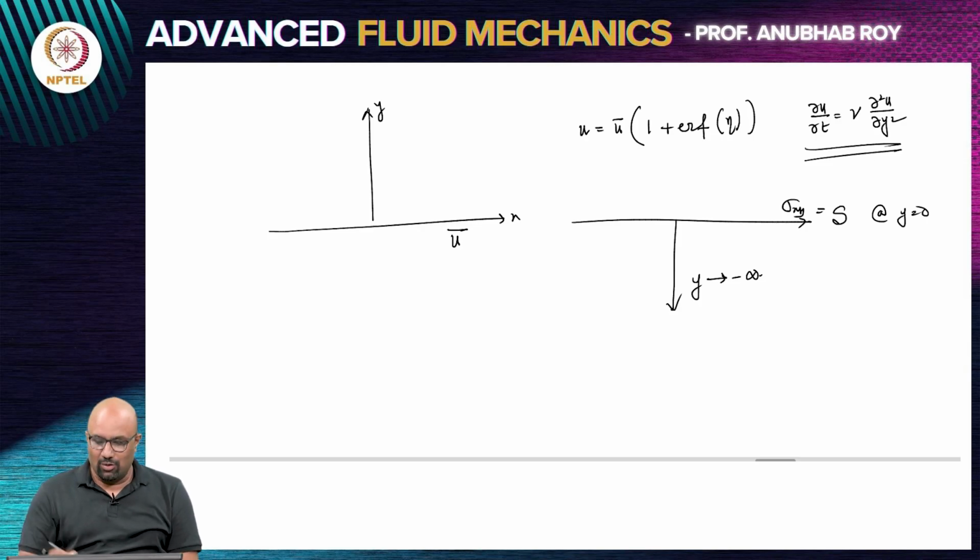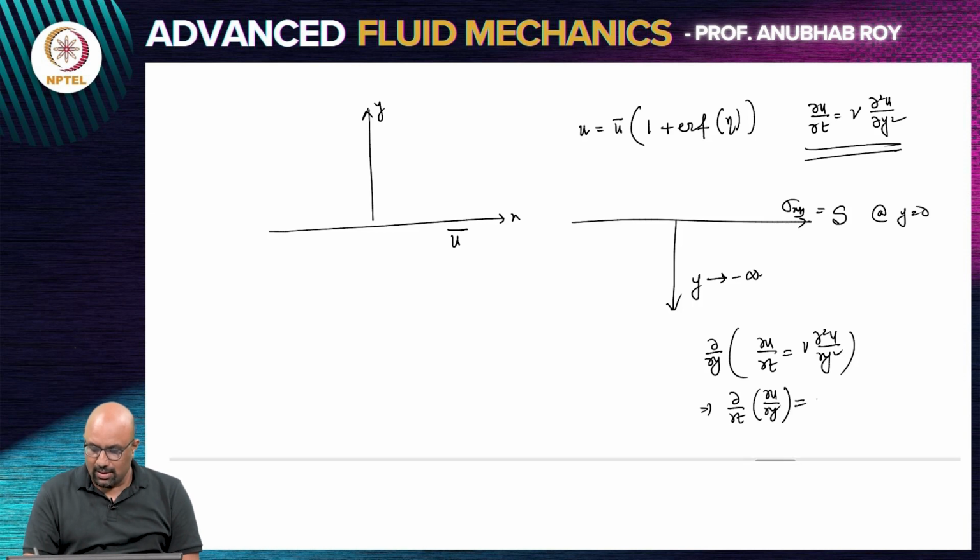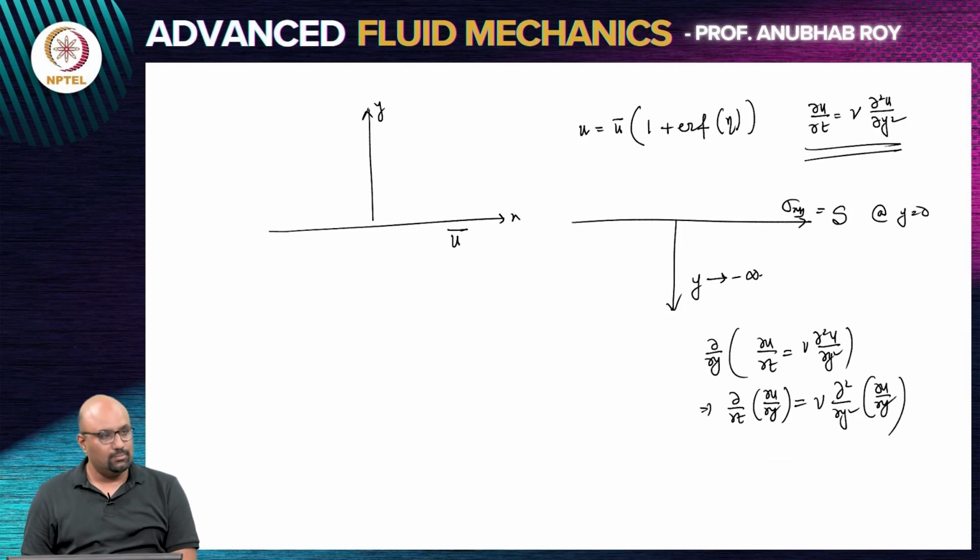But another way of doing this problem is if you take a dou y of the full equation, you will get dou t of dou u dou y is equal to nu dou square dou y square of dou u dou y. I have taken a dou y of the full equation.